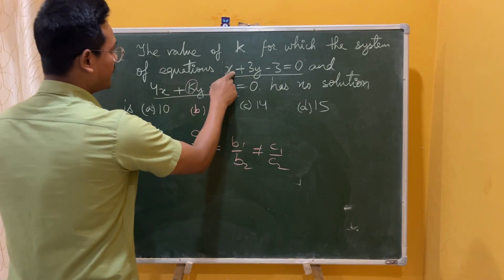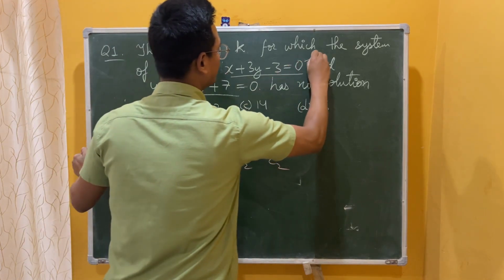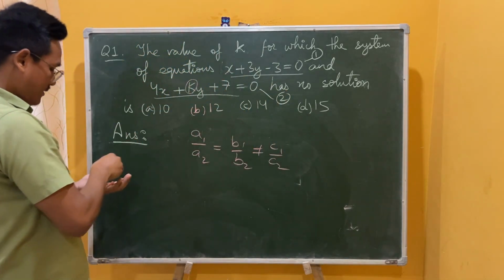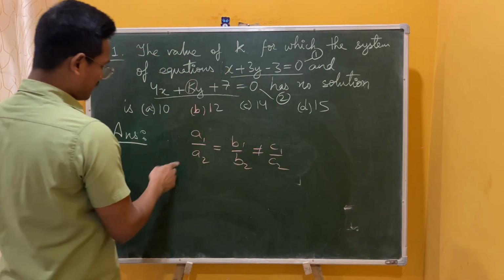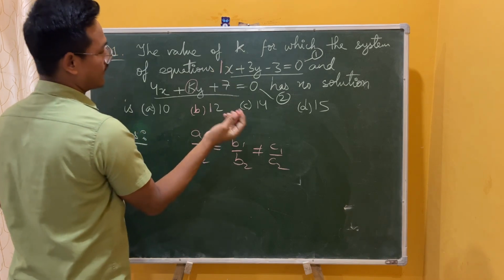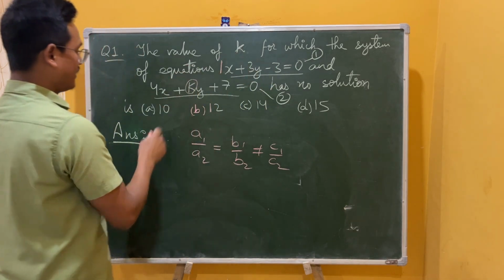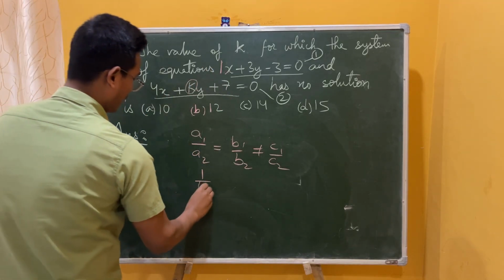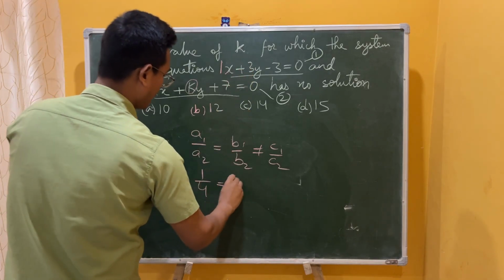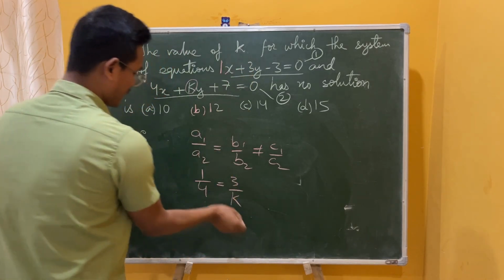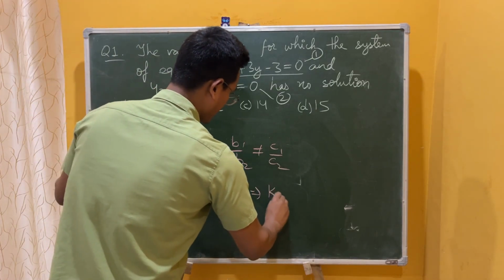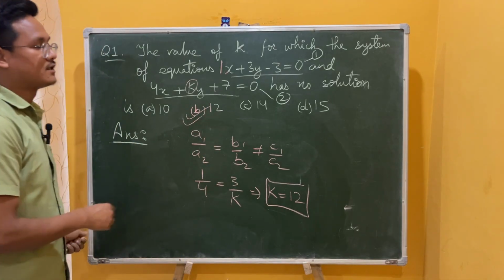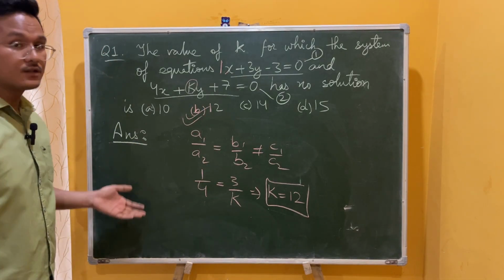If you say this is equation 1 and this is equation 2, then a1 is the coefficient of x in equation 1. So a1, b1, c1, a2, b2 and c2, right? So a1 is 1, a2 is 4, b1 is 3 and b2 is k. So if you cross multiply, the answer is 12. So this is how we solve this question. Let's move on to another one.